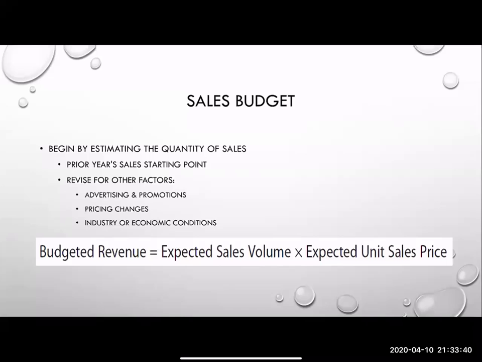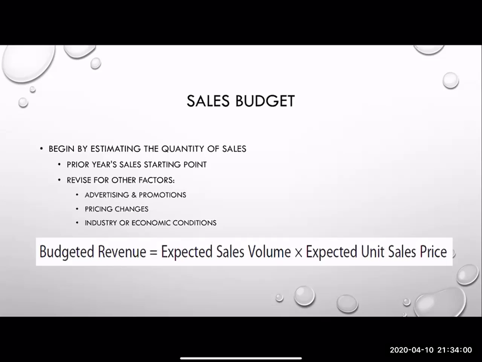I already leaned into most of the things I wanted to talk about with the sales budget, but for reference, when we're looking at the sales budget, it begins by estimating the quantity of sales. So you usually look at the prior year sales as a starting point.